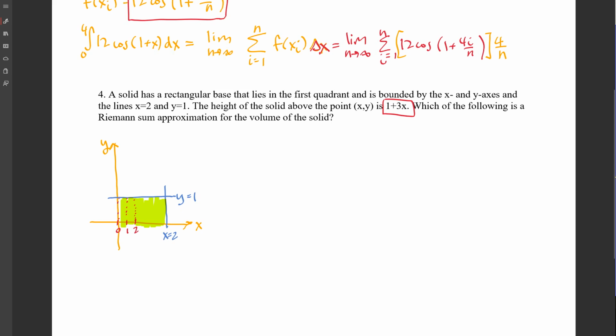So what does this figure look like? Okay, this is terrible, but something that looks like... I'm not very good at drawing this.